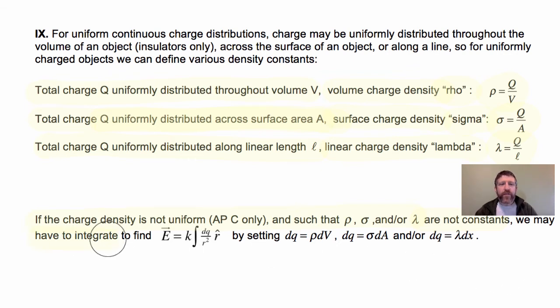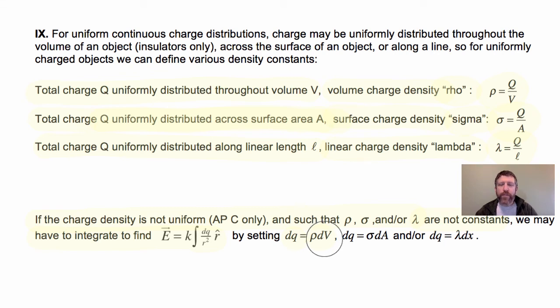So when we're doing that in AP Physics C, we have to do integrals. Notice that dq, the little infinitesimal charge, if you're integrating over a volume, would be rho times the volume element dV. And our challenge becomes, how do we express dV, that small volume element?